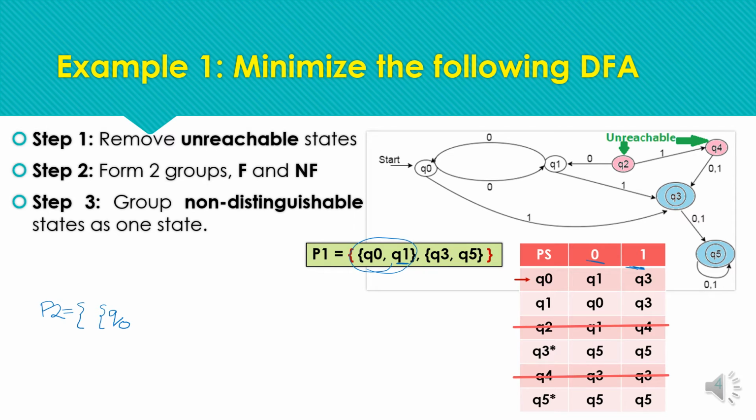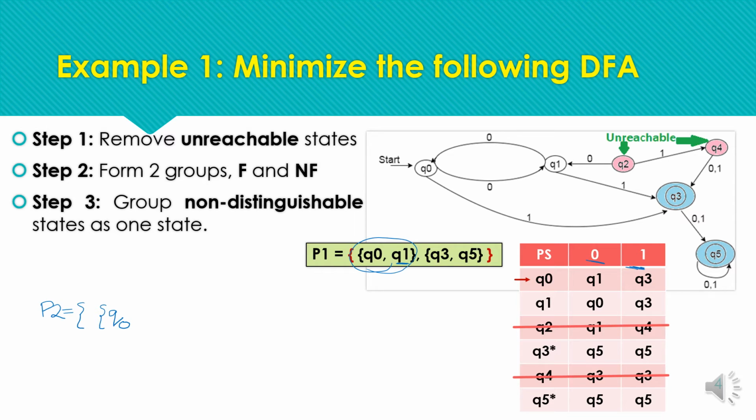If the transitions from these two states, for all input symbols, go to the same group, then we can keep these two states in the same group. Otherwise Q0 and Q1 will be part of different groups.